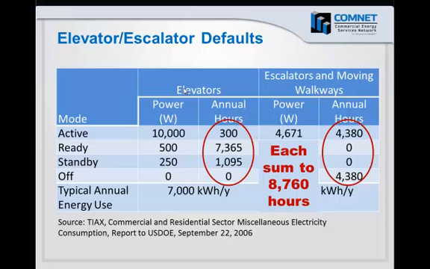Those are the values for escalators and elevators. We don't have a method yet for crediting reductions in elevator or escalator use, but these values should go into both the baseline and the rated building models so that we get an accurate estimate of total energy use.